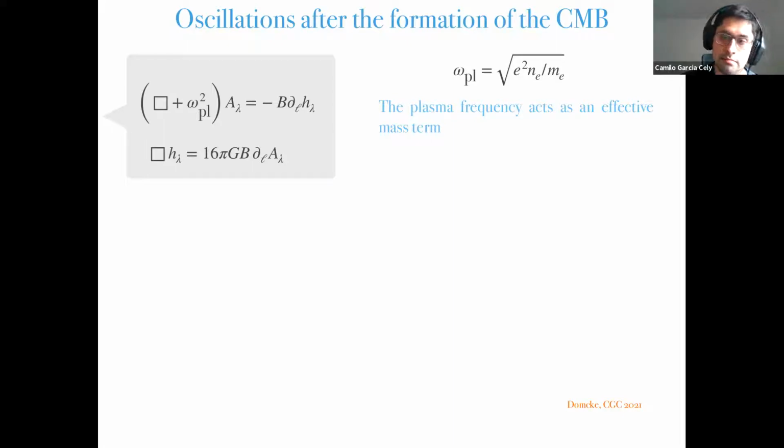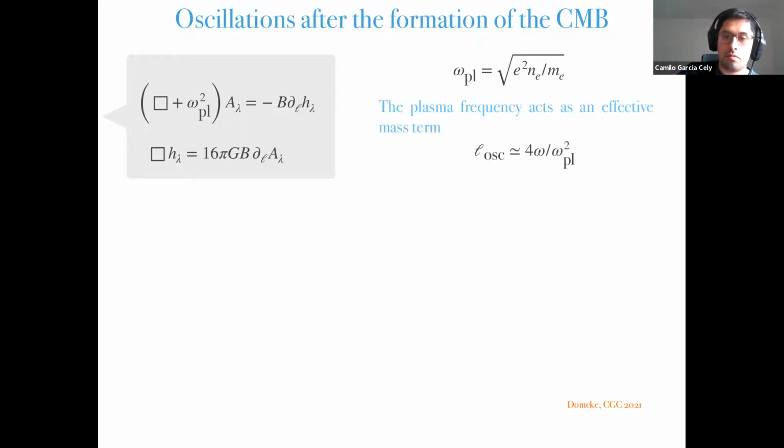Now, if you study the equations that describe the Gertsenshtein effect, you see that on the one hand, you have the wave equation for the gravitational waves sourced by the electromagnetic field. And on the other hand, you have the same thing, but for the electromagnetic field. And in this case, you have to put a mass term, which is associated to this plasma frequency that is induced by the electrons.